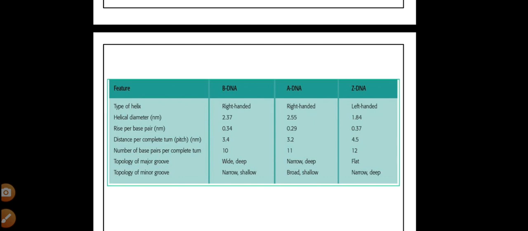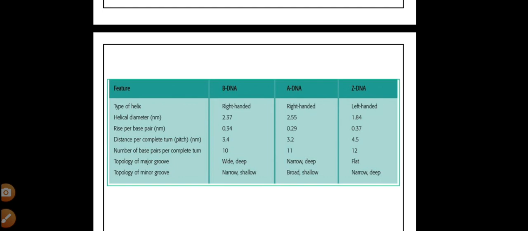And in Z DNA, what will happen? The phosphate and sugar backbone orientation is zigzag. That is why it is called Z DNA, right? And moreover, it is a left-handed helical structure. It has left-handed orientation. Z DNA can restrict the gene expression in living cells, right? So it is shown that B DNA is sometimes converted to Z DNA.